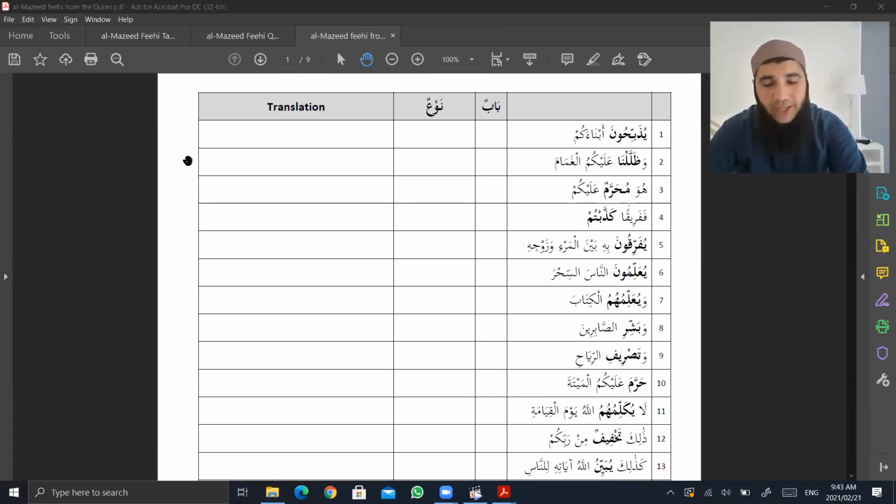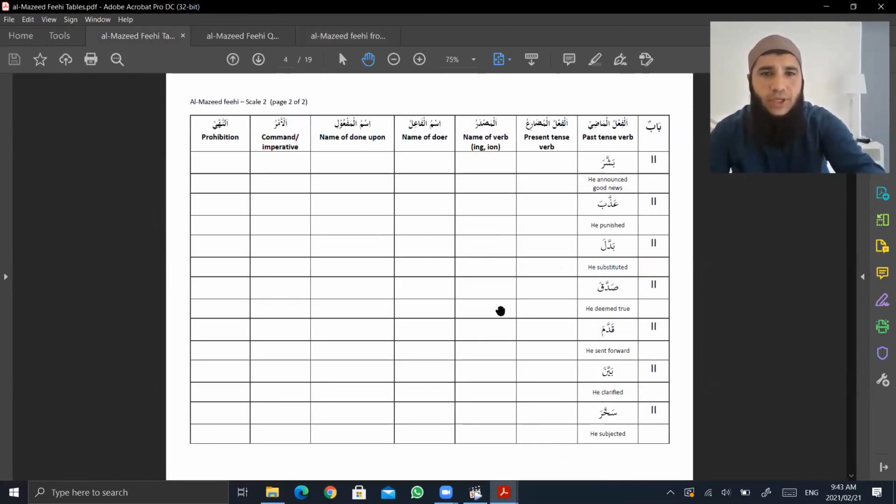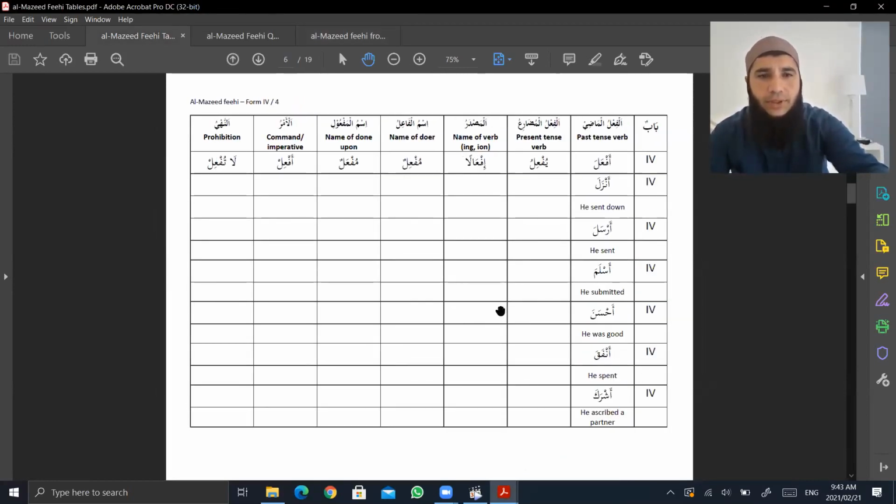The same way we find the fa'il for the first scale, we find the fa'il the same way for this one. And there is a passive form of this verb as well. I will in due time teach you those passive forms, but not now. Right, okay. So we went through 5 of them. Let's leave it at that for now. I want to look at the next scale.